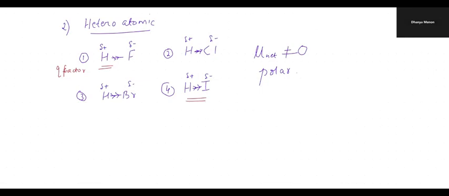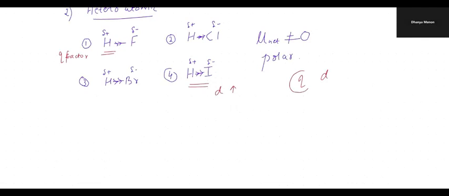So we consider the distance between the atoms will be bigger in case of HI. If we have two factors coming into play, the charge factor and the distance factor, usually we give importance to the charge factor. Because the dipole moment is directly proportional to Q and D, we consider the charge factor more.